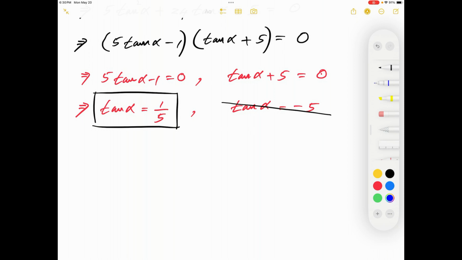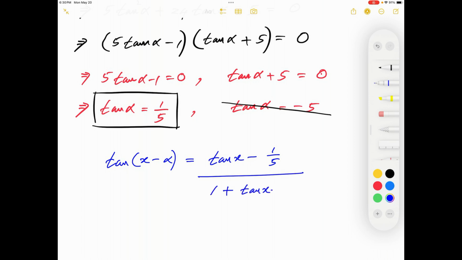Now we can go ahead and use this value in order to find tangent x minus alpha. We have tangent x minus alpha being equal to tangent x minus tangent alpha, which I will write as 1/5, divided by 1 plus tangent x times tangent alpha, which is 1/5.